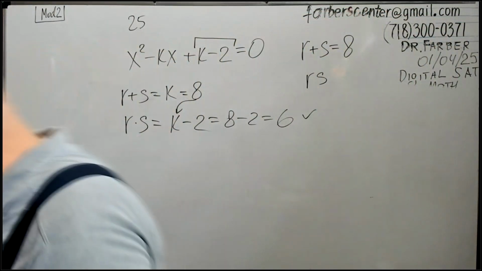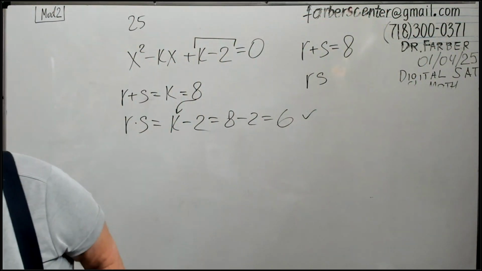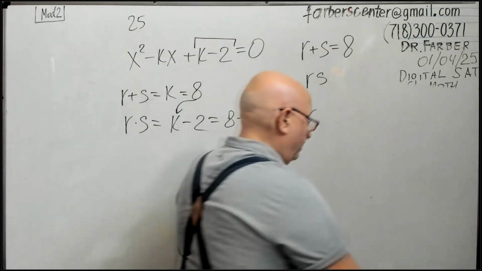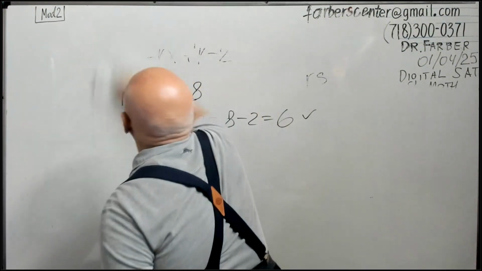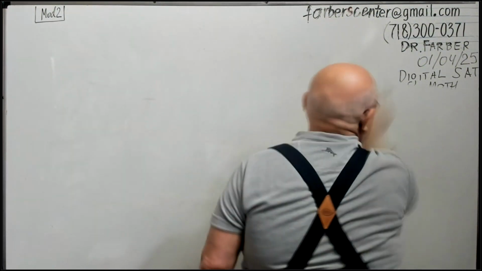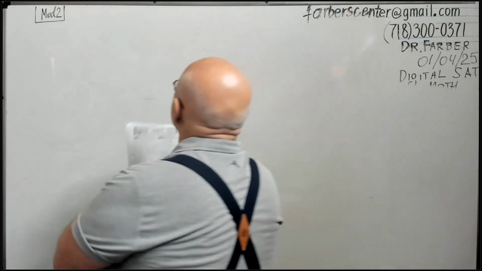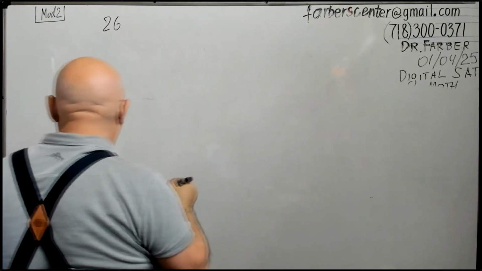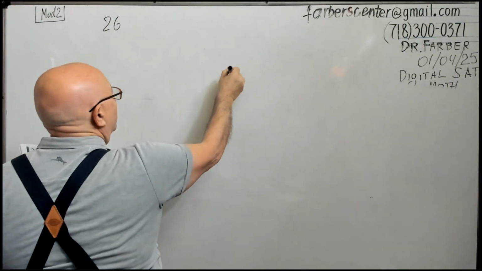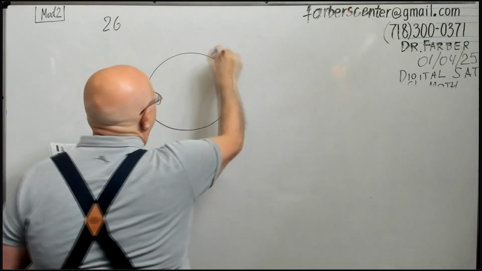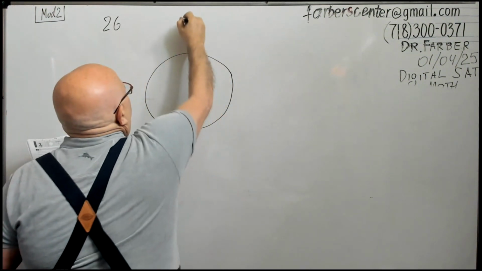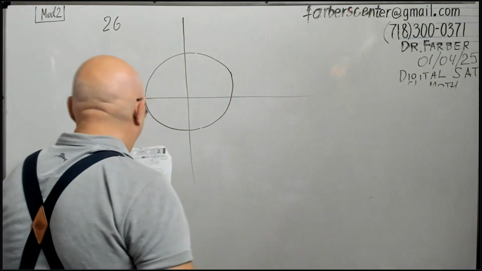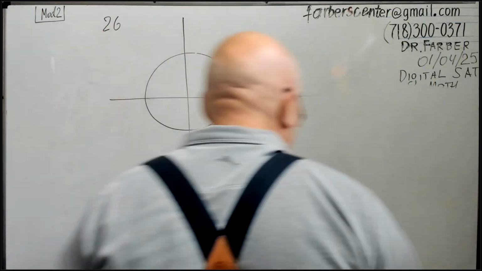Okay, next is 26, many students. In 26, we have a circle, kind of like this. Cartesian coordinates. And we have a tangent. Let me use the ruler.